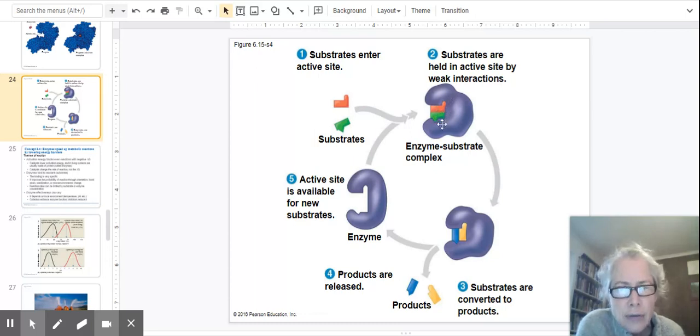Another is that it can create chemical conditions inside that active site, like local changes in pH, that drive it to a transition state. Or it can even transiently bond to one or both of the reactants so that they are in a conformation that is more likely to rearrange the bonds again to form the products. So there are lots of things that can happen inside that active site, and each enzyme has a different combination of how it works. There isn't one way that they work.